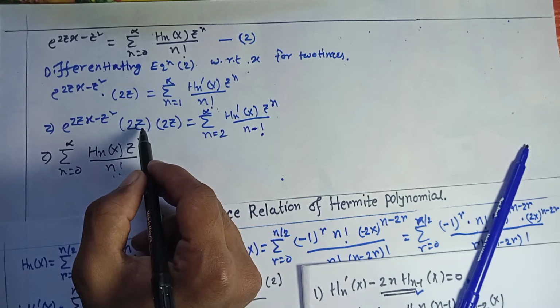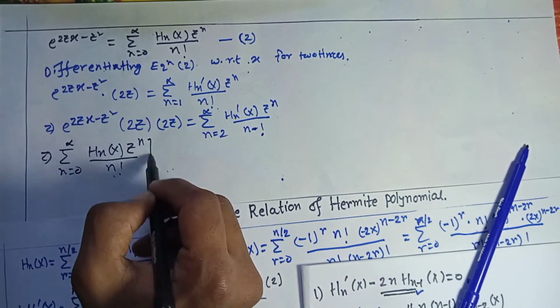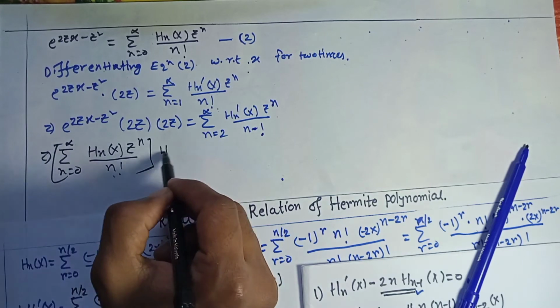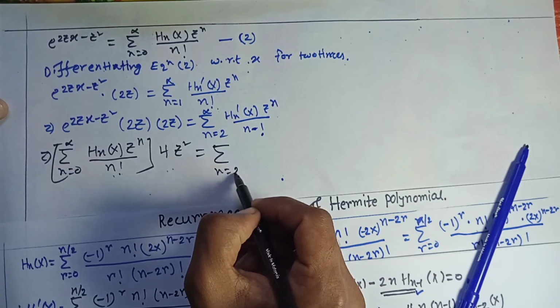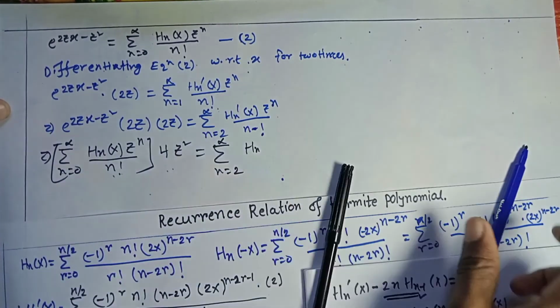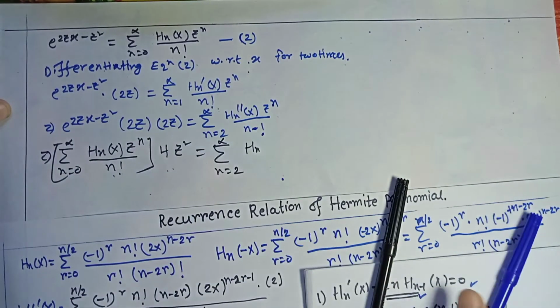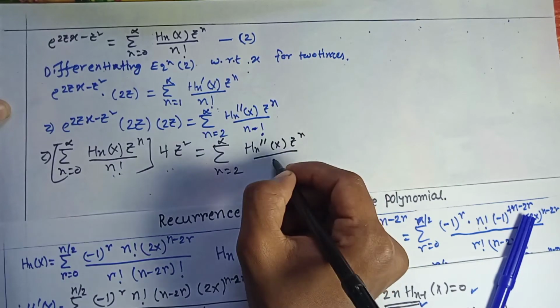We put this value in this, and this is nothing but 4z squared is equal to summation n equals 2 to infinity Sn double dash of x z to the power n divided by factorial n.